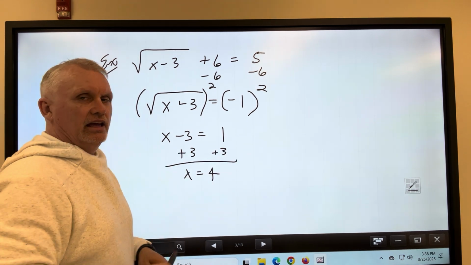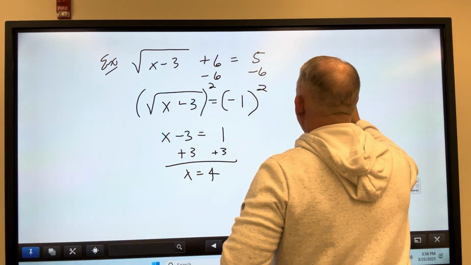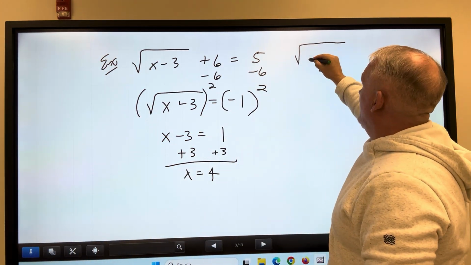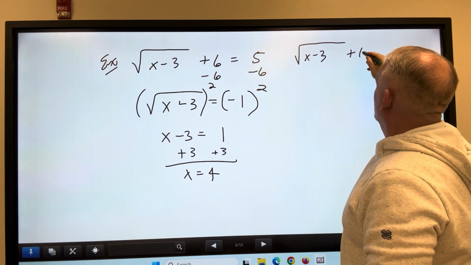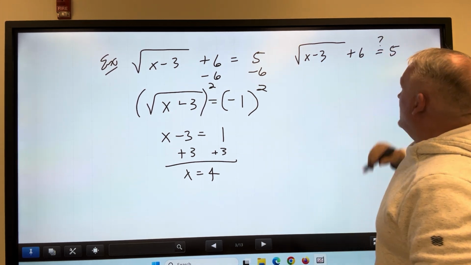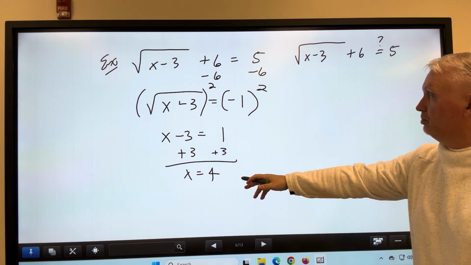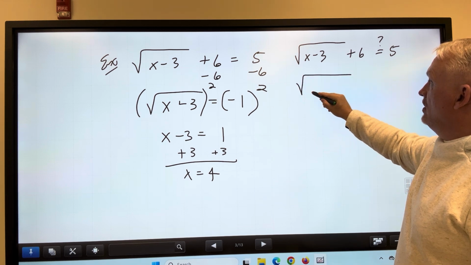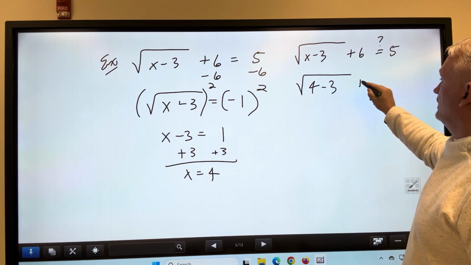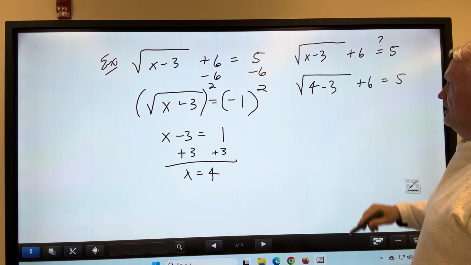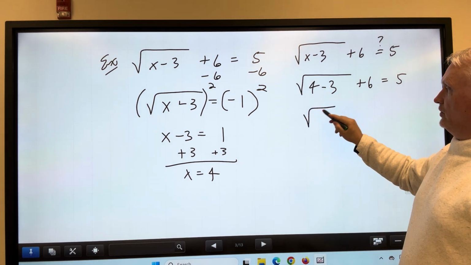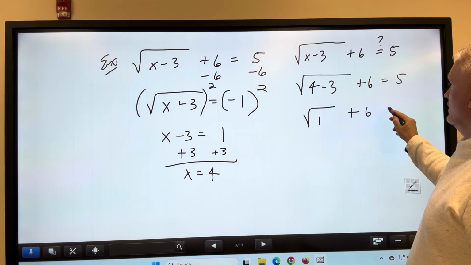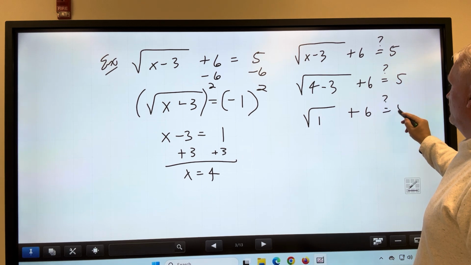And now check the solution. So my original problem was the square root of x minus 3 plus 6, does that equal 5? That's the question. So plug it in. I have the square root of 4 minus 3 plus 6 is equal to 5. 4 minus 3 is the square root of 1 plus 6. Does that equal 5?